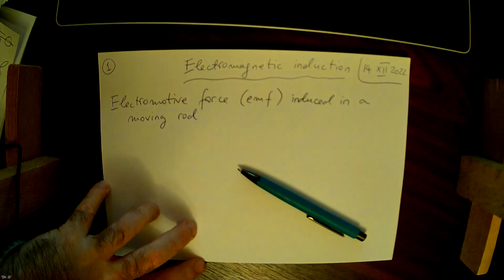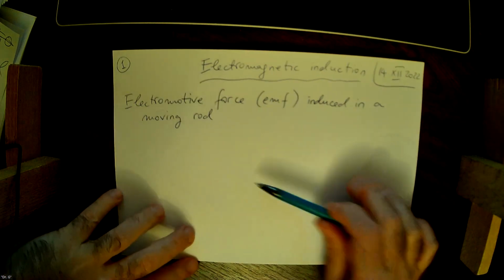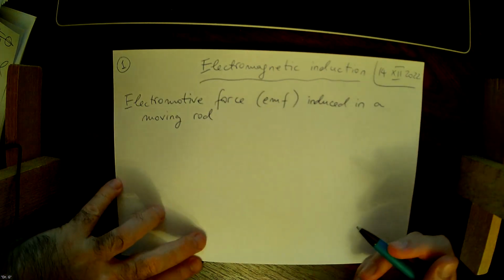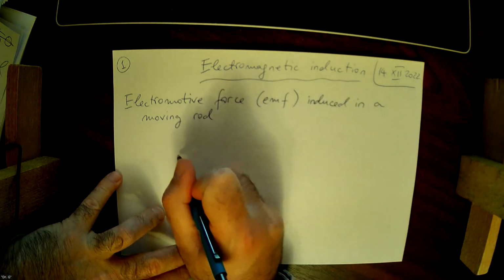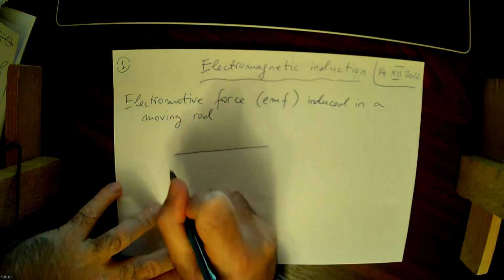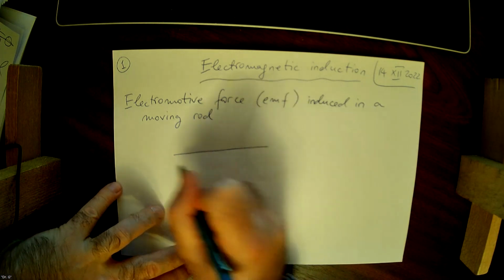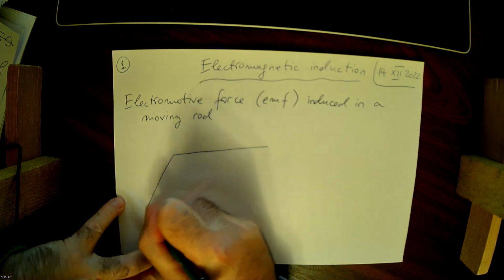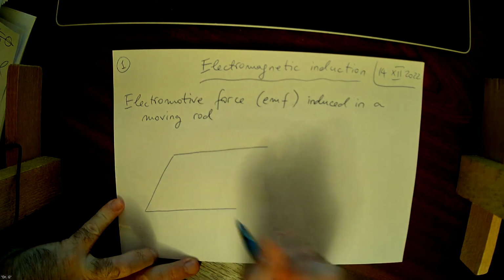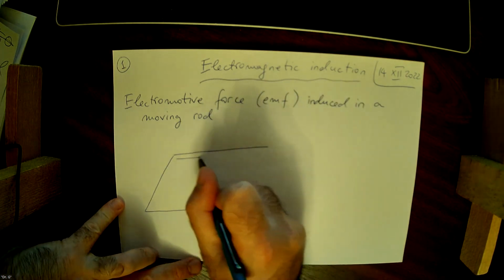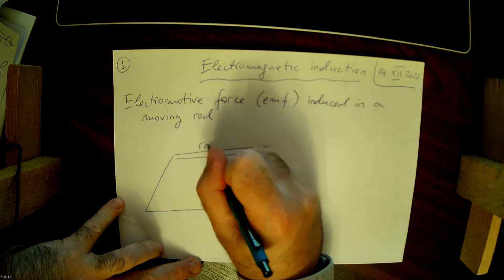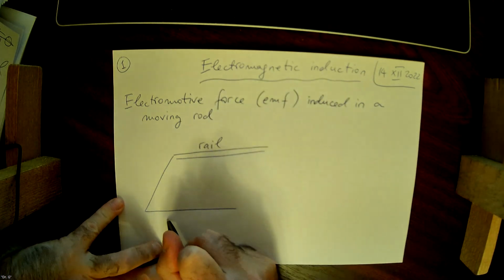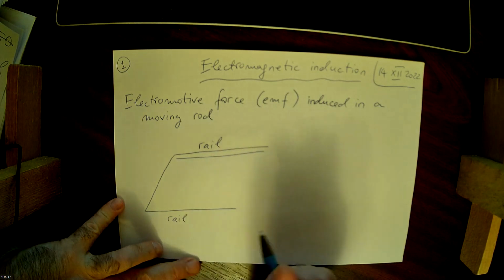Okay, so what is this about? Well, we have two rails. This is one rail, this is the second rail.